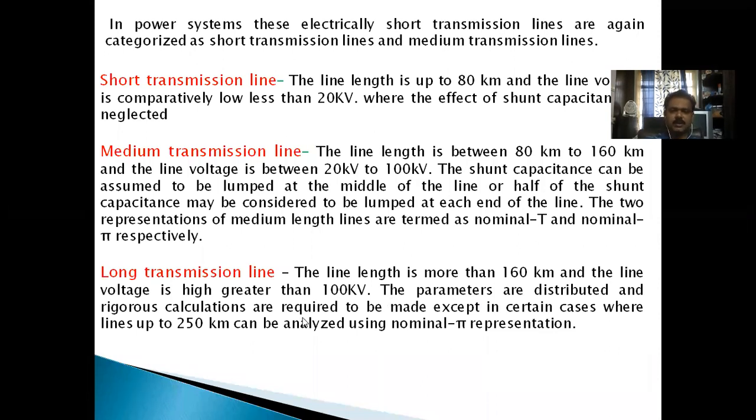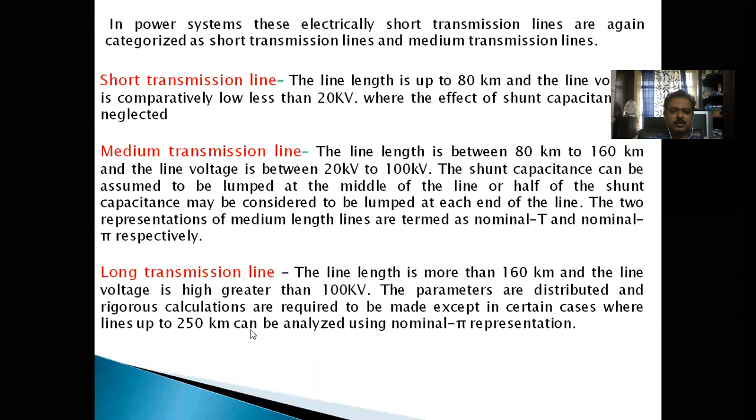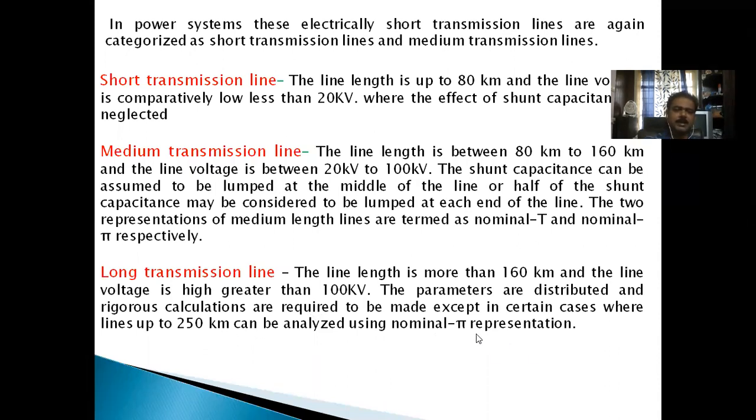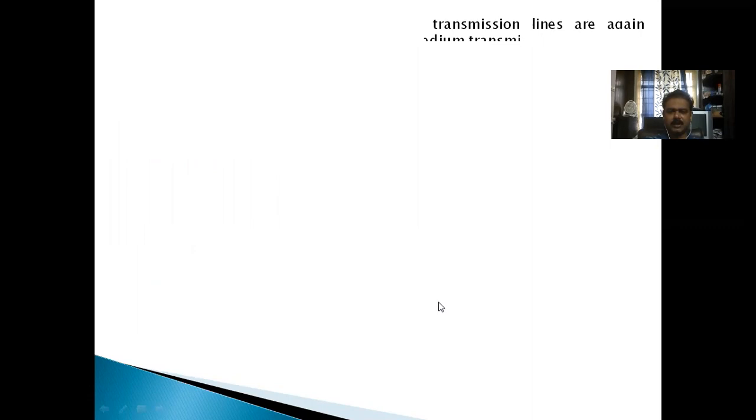Up to 250 kilometers, we can use the nominal pi representation, and you will get nearly the same values as with distributed parameters. So rigorous methods we have to use.